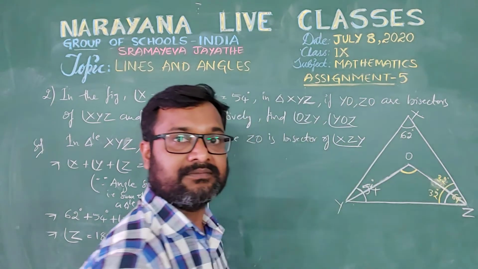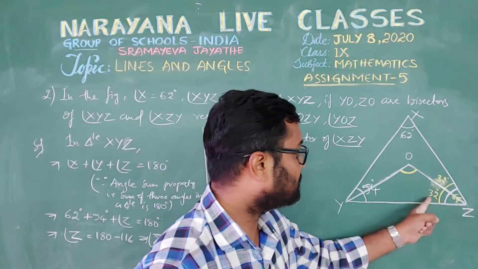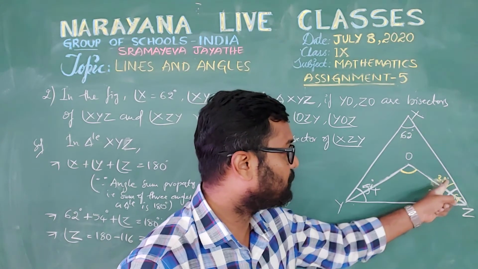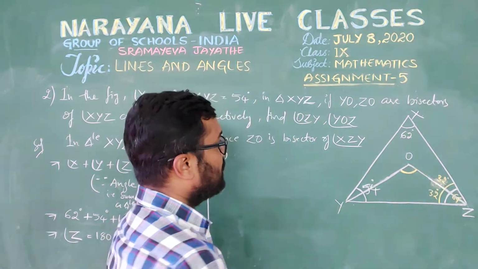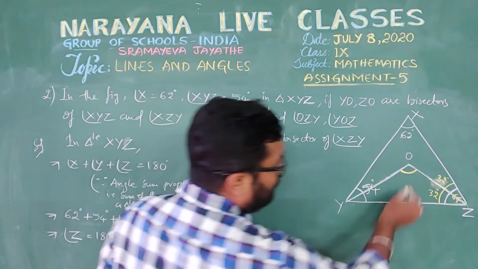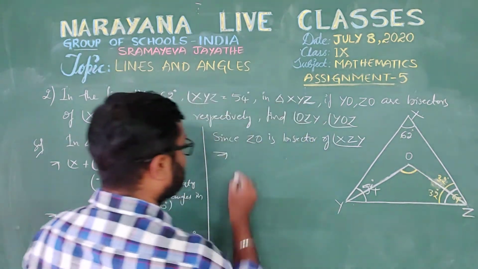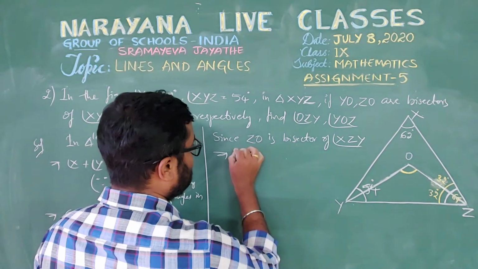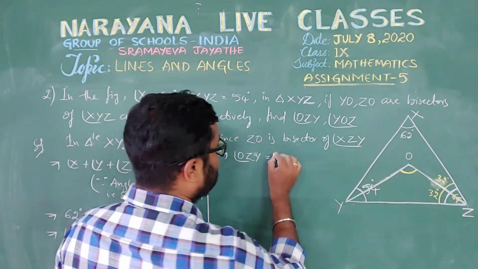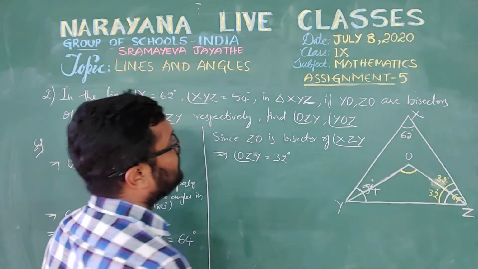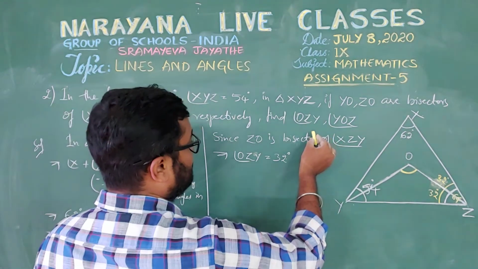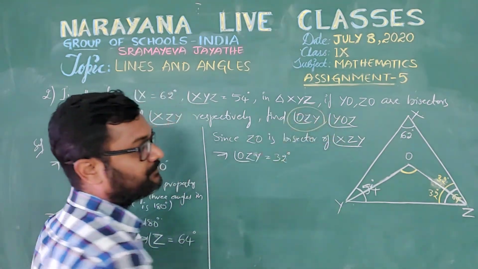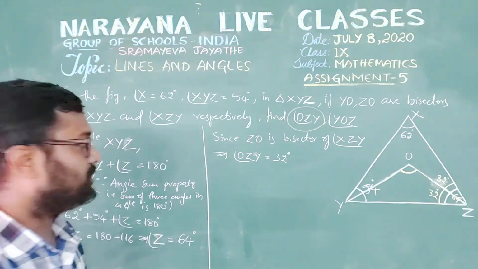It bisects into equal angles, that is total 64, 32 plus 32. Therefore angle OZY is equal to 32 degrees. So we found this one.